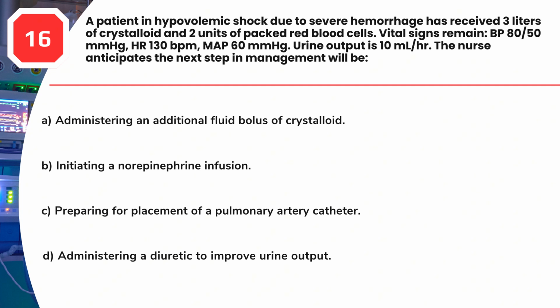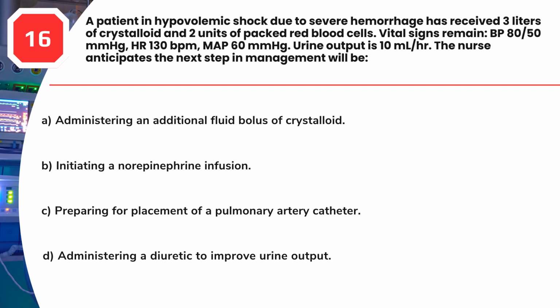Question 16. A patient in hypovolemic shock due to severe hemorrhage has received 3 liters of crystalloid and 2 units of packed red blood cells. Vital signs remain: BP 80/50 mmHg, HR 130 bpm, MAP 60 mmHg. Urine output is 10 milliliters per hour.